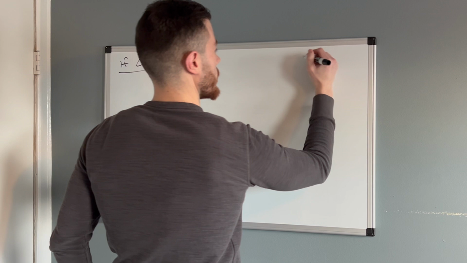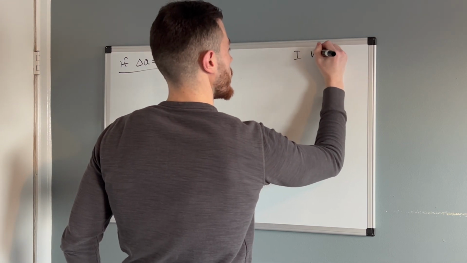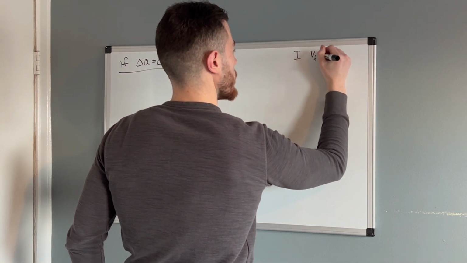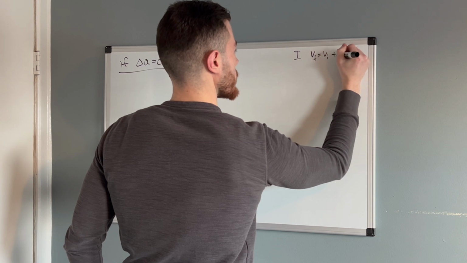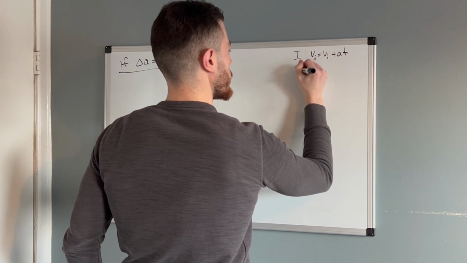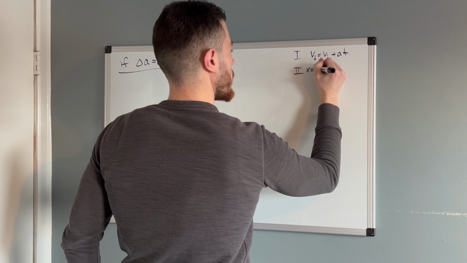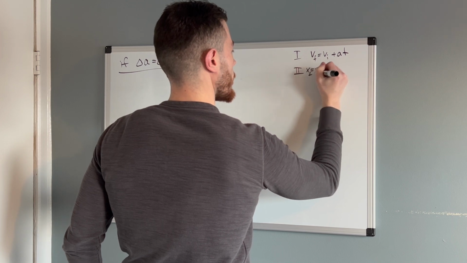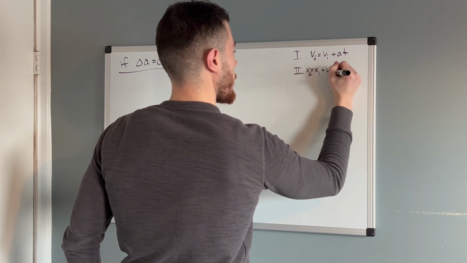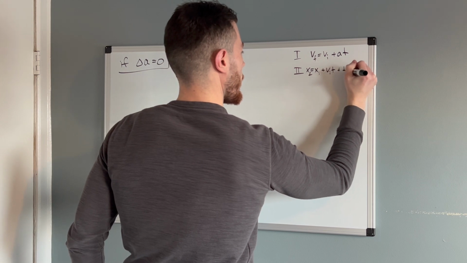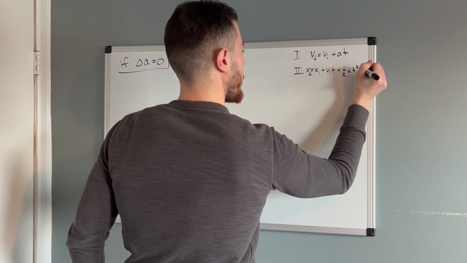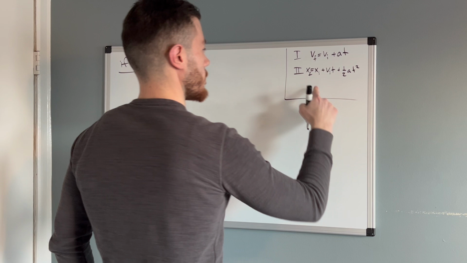I'll keep these over here. So 1 is v final equals v initial plus at, and 2 is x final equals x initial plus v initial t plus 1/2 at squared.